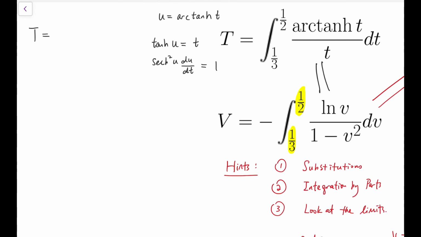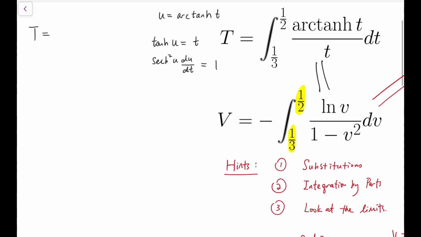And in fact, sech squared is just 1 plus, so it's not 1 plus this time, it's 1 minus, because to derive it, I can go back to cos squared u du equals dt. And in fact, for hyperbolic functions, we have cosh squared minus sinh squared equal to 1 instead of plus.